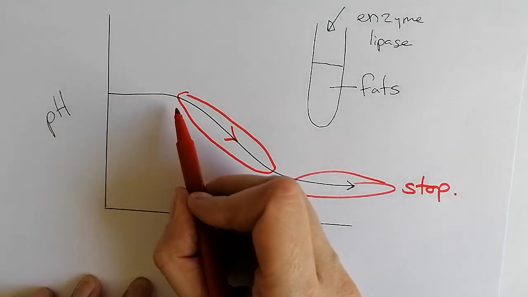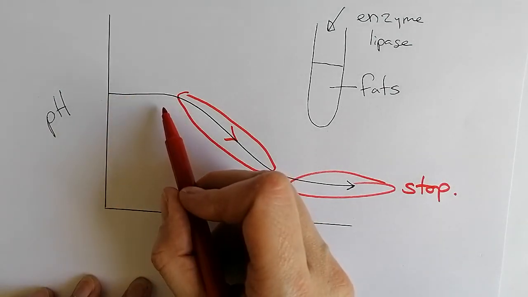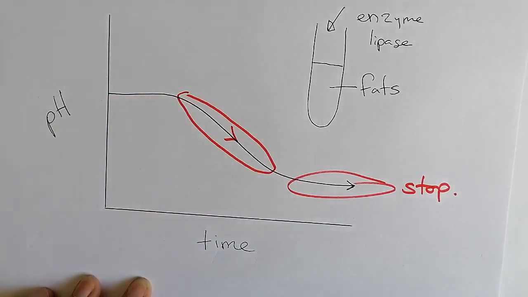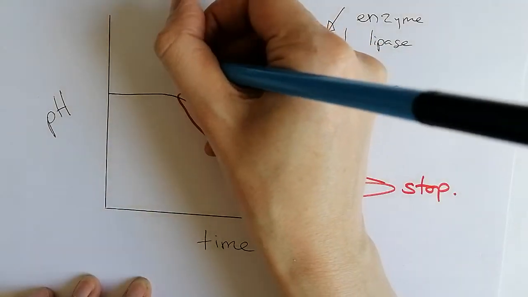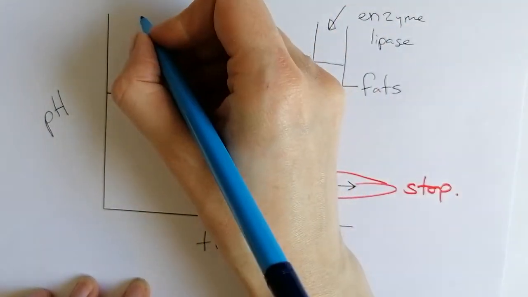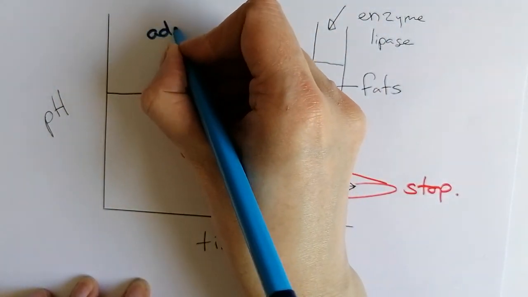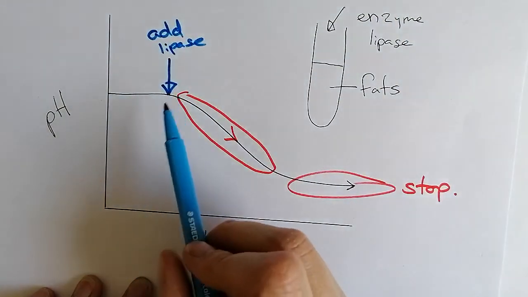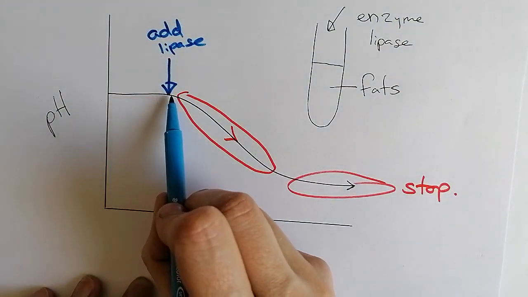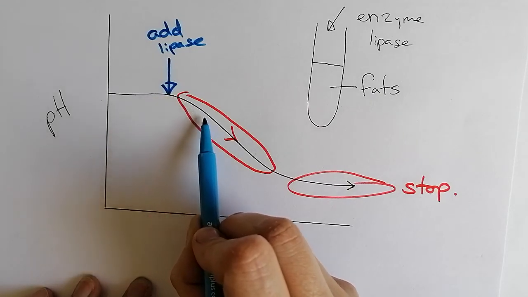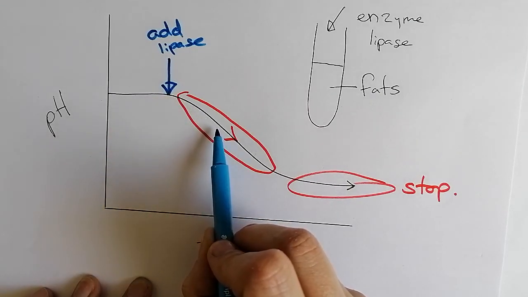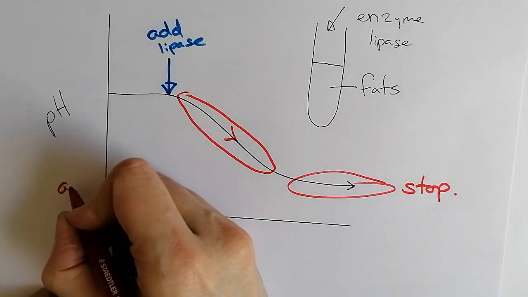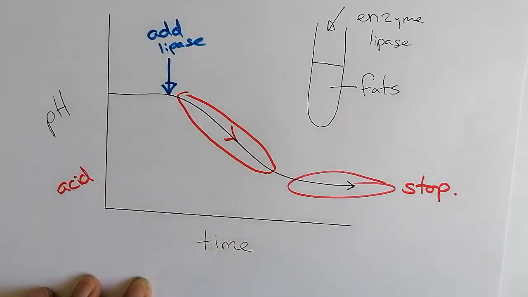Here, it's waiting to start. So there is no reaction at this point. I would suggest that that means that this is the point here where we put the enzyme in. So we've added lipase at this stage, and as soon as it's there, it starts to break down fats into fatty acids and glycerol, and because of the acid, the pH goes lower. Because if we remember, lower is acidic.